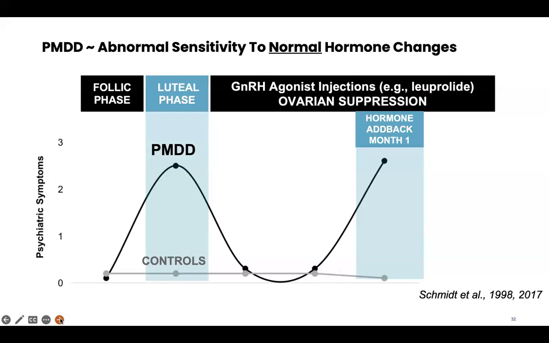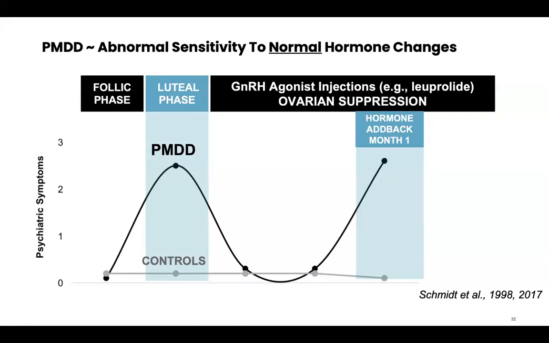One experimental study had two groups: PMDD participants and control participants. At baseline, you can see the PMDD group has psychiatric symptoms showing up in the luteal phase, that's this black line here, and the controls do not. They do not have an increase in luteal phase symptoms.